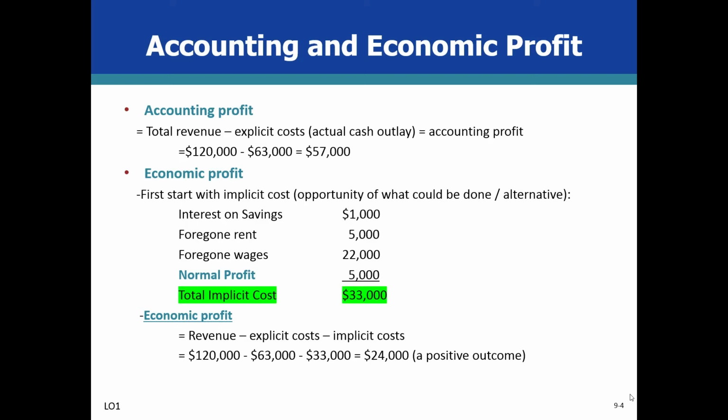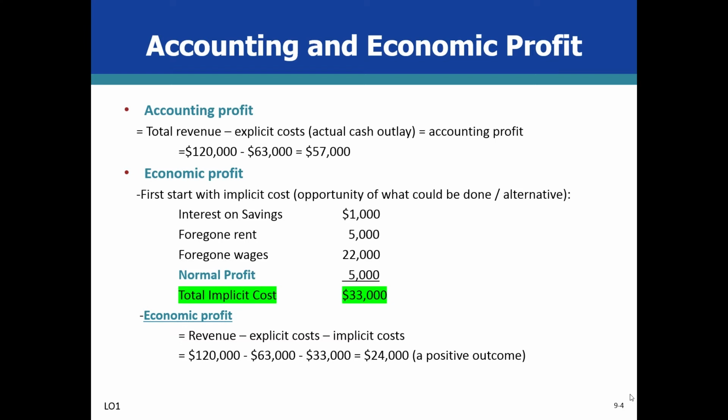Thus, economic profit is positive at $24,000, or total revenue minus explicit and implicit cost. What does this mean? It means that the current business venture of making T-shirts has both accounting profit and economic profit.